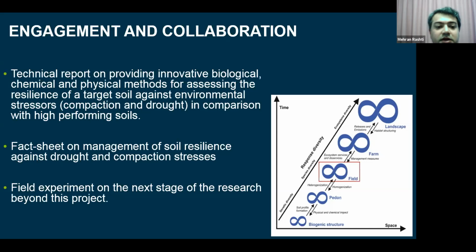Also, different technical reports and fact sheets to be used in further projects through Soil CRC, which have a more field-based component, both in Queensland and Western Australia, to test the findings of these projects in action and in the field.